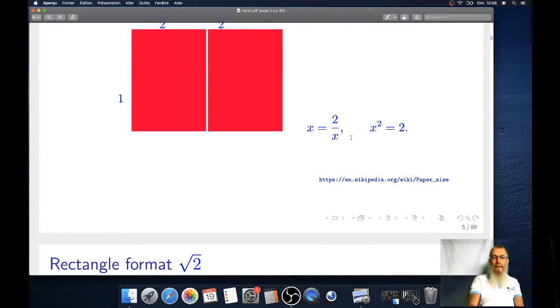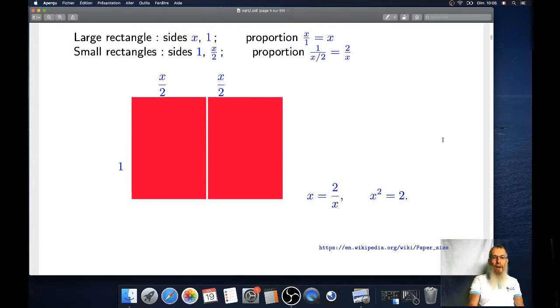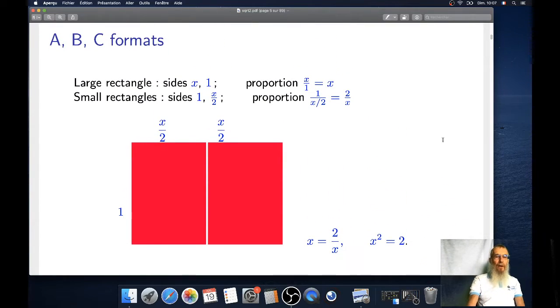The formats are A, B, C. You see here on Wikipedia, you will see more information about the different formats. The standards are A, B, and C, and all of these standards have the property that the proportion is square root of 2. It means that if you take a rectangle with the long side, which is x, and the small side, which is 1, if you split it in two parts, you get two rectangles with the sides 1 and x over 2.